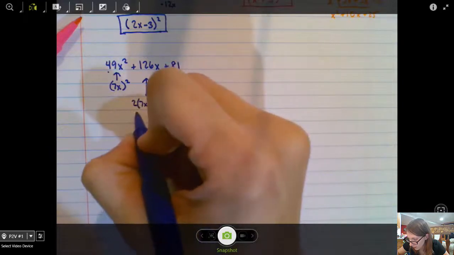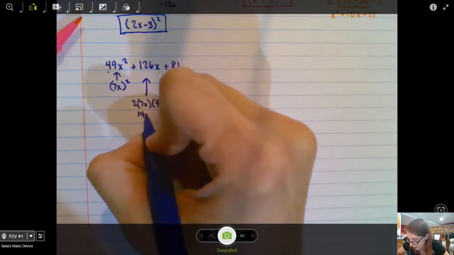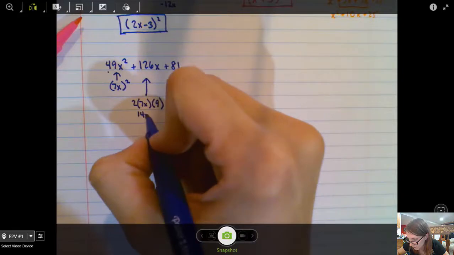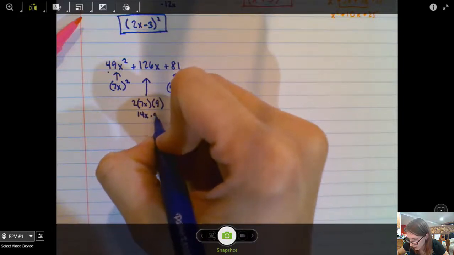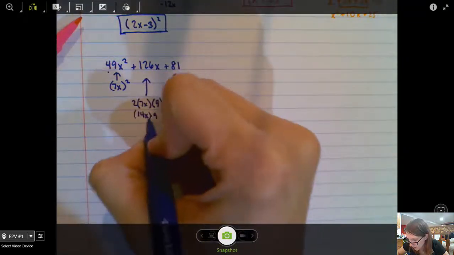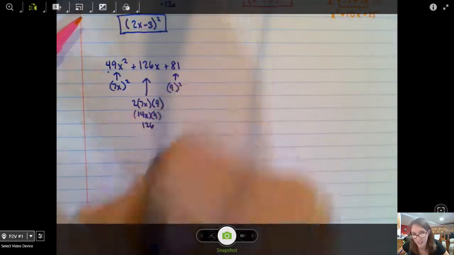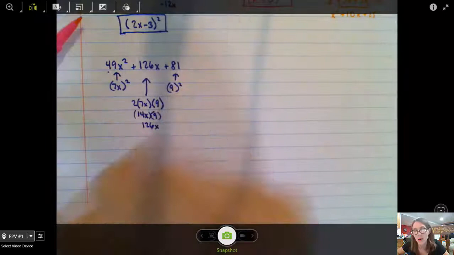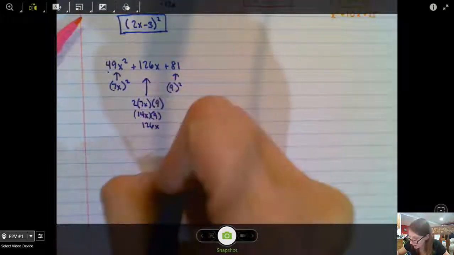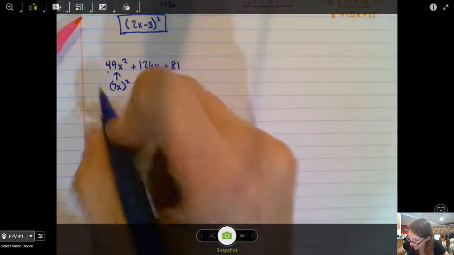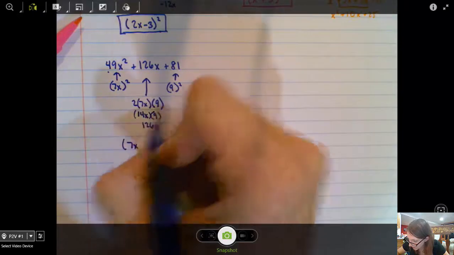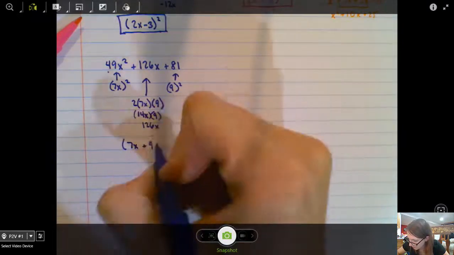So 2 times 7x is 14x, times 9. And this ends up being 126x. Perfect. Since this all checks out, my factors are 7x plus 9, squared. Woohoo!